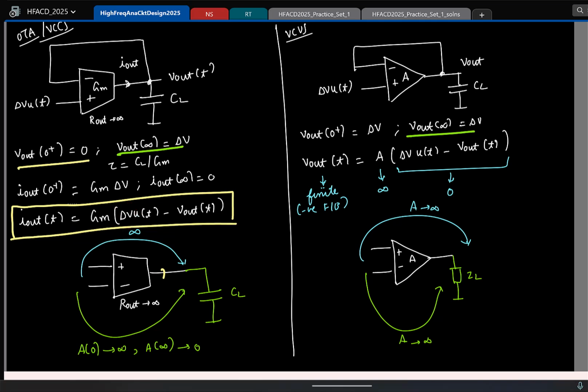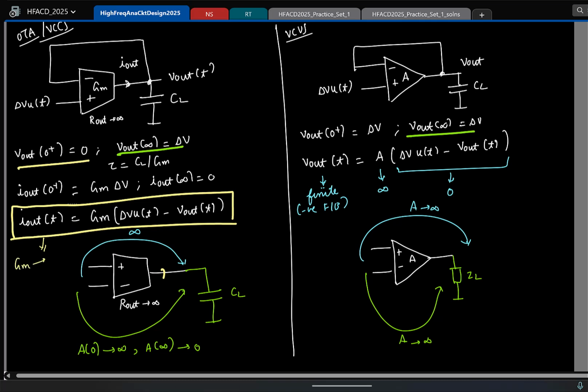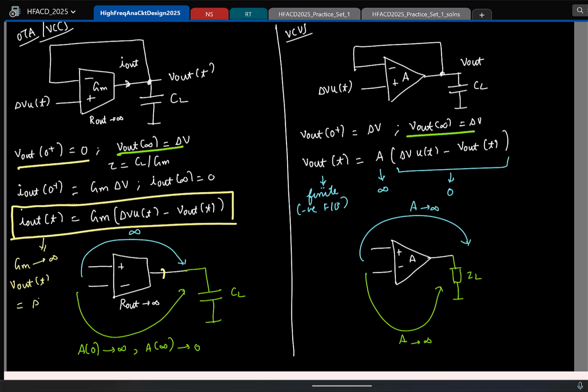When GM is infinity, right? Again, it's a negative feedback. All currents and voltages are finite. This is guaranteed to be finite. So if GM tends to infinity, then my V out of t will be exactly delta V times U of t. So that is something to note. We'll remark it here: if GM tends to infinity, my V out of t will be delta V U of t.